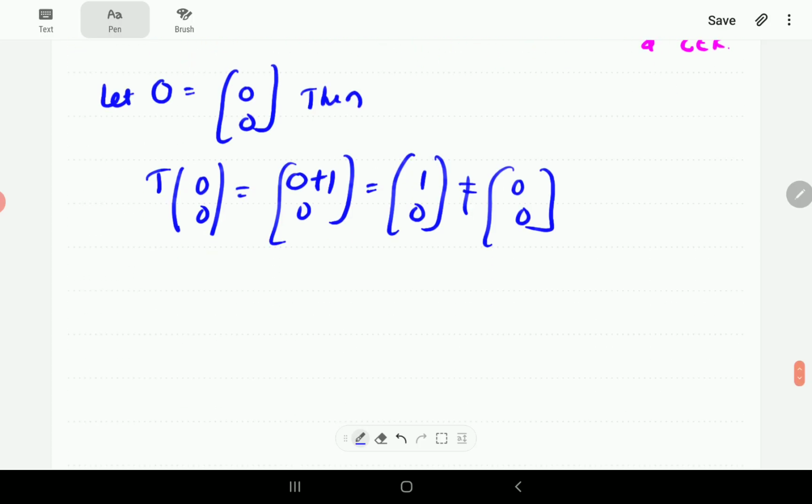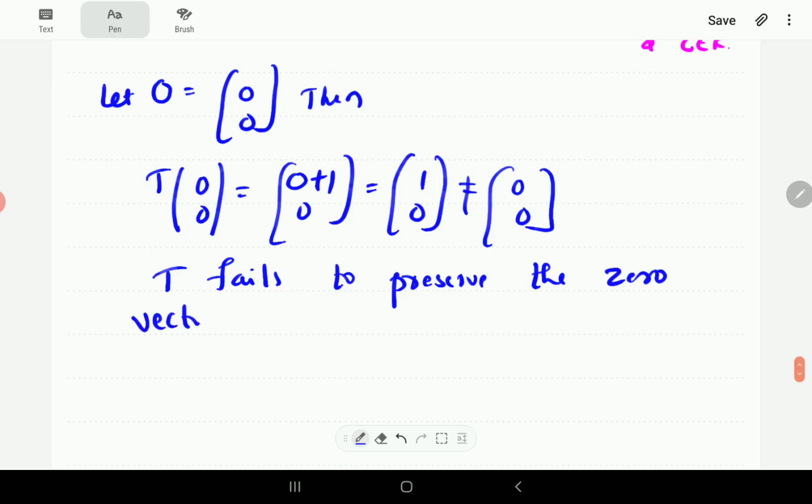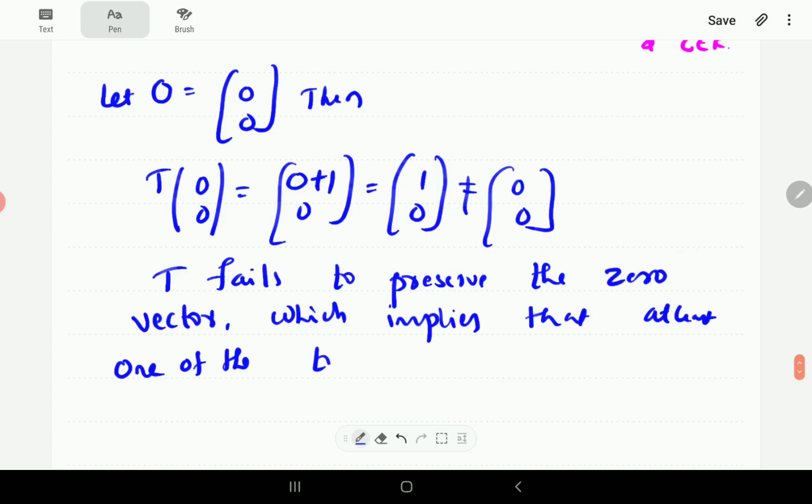So the transformation T fails to preserve the zero vector, which implies that at least one of the two properties fails. One of the two properties fails.